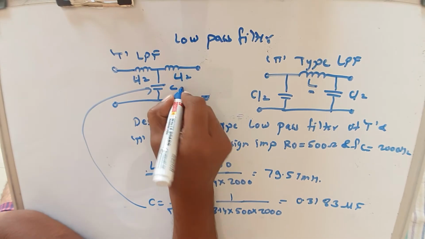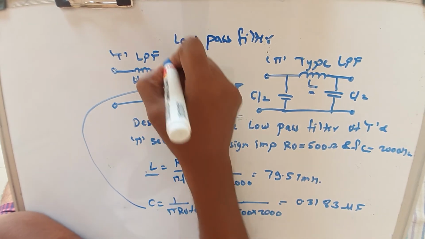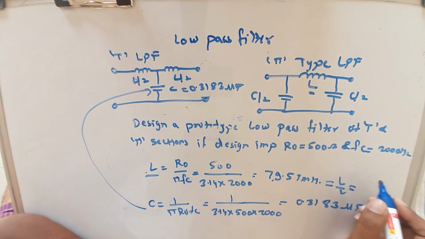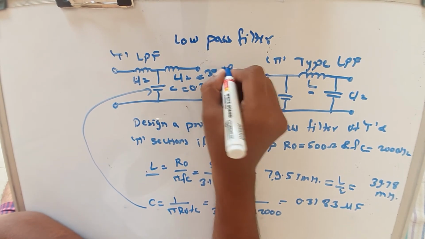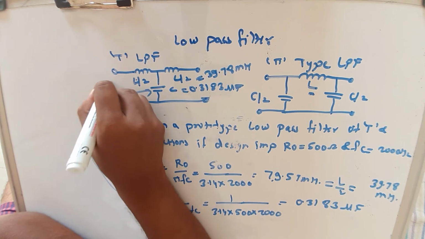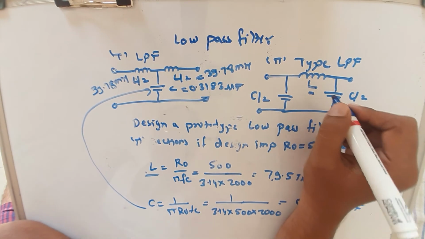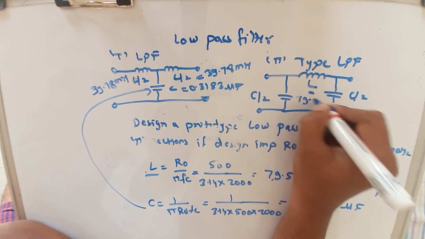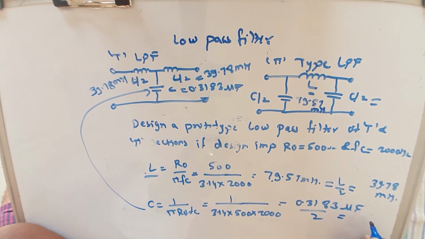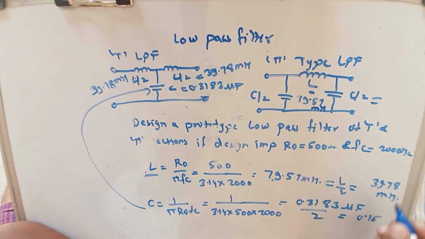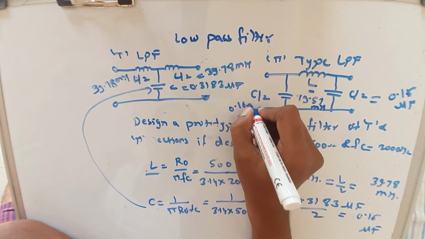So the C value is 0.3183 microfarad, and the L value is L by 2, so this value is 39.78 millihenry on each side. And in the pi type, the L value is 79.57 millihenry, and C by 2, this value divided by 2, is 0.16 microfarad on each side.